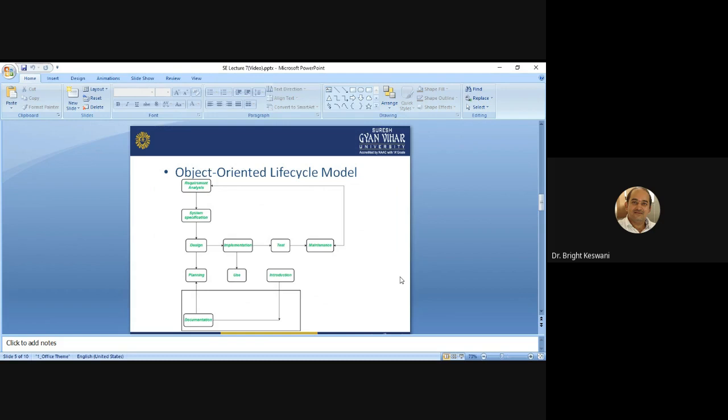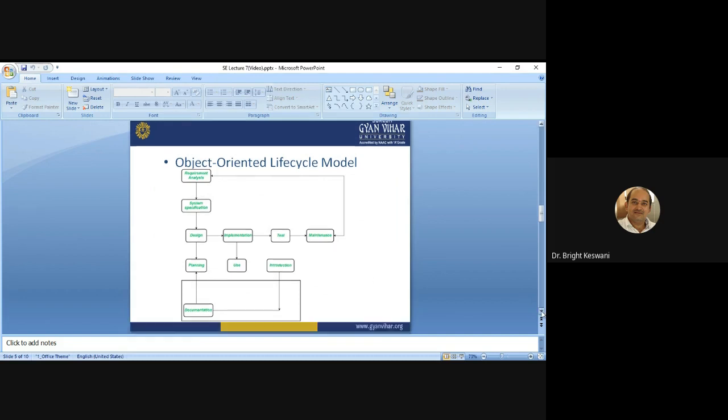And thirdly, the duration of the implementation phase is reduced. So a new job title emerges, the class librarian, who is responsible for ensuring the efficient usability of the class library. That's why the object-oriented lifecycle is very important due to its various advantages.